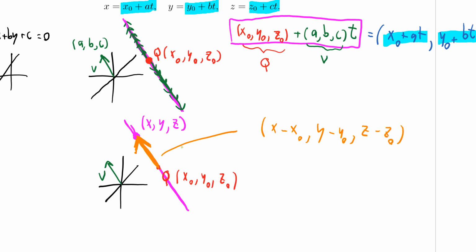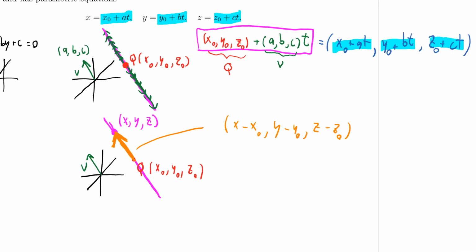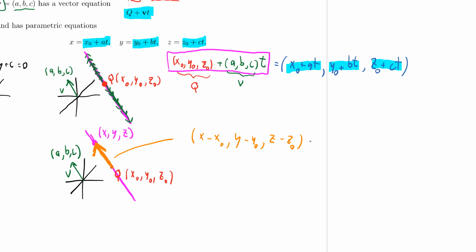So here goes my orange vector. It has to be parallel to the green vector, so my orange vector is a multiple of the green vector. But my green vector is just (a, b, c). So this guy has to be a multiple of (a, b, c).